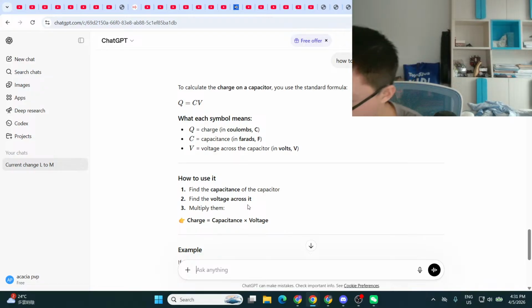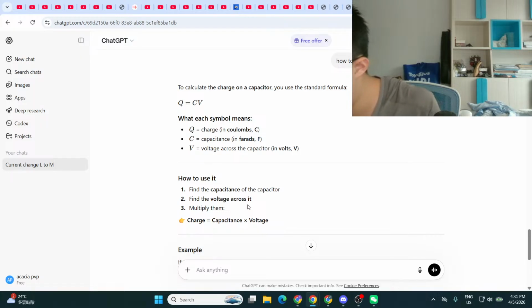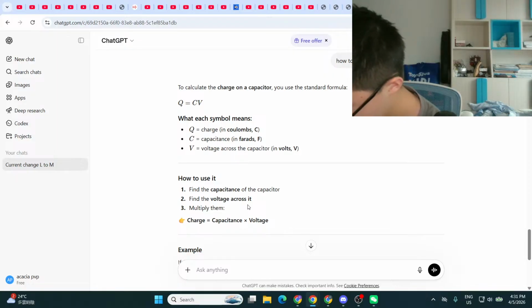The time constant. 5,000 times 0.37. 1,800. 3.5 milliseconds. Okay.